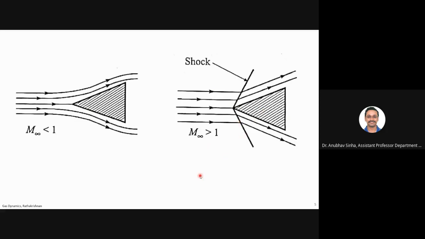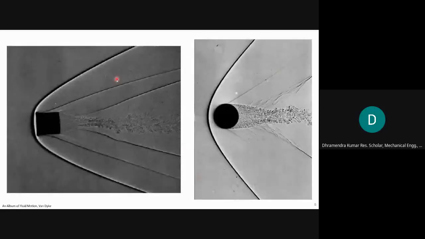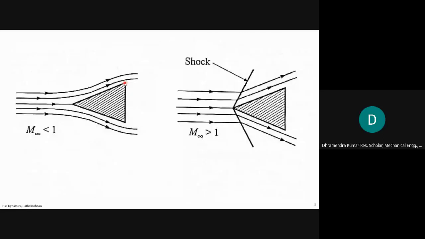Let us look at some more examples where shock is getting formed. Sir, generally shock is produced in supersonic, not in subsonic. Why? What is the divergence of the streamlines for Mach number greater than 1 and Mach number less than 1?